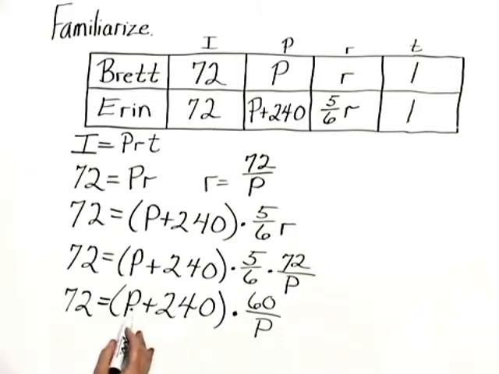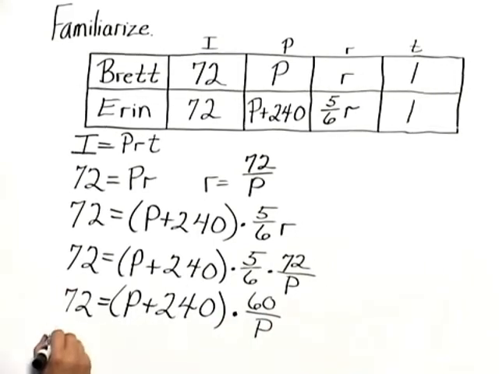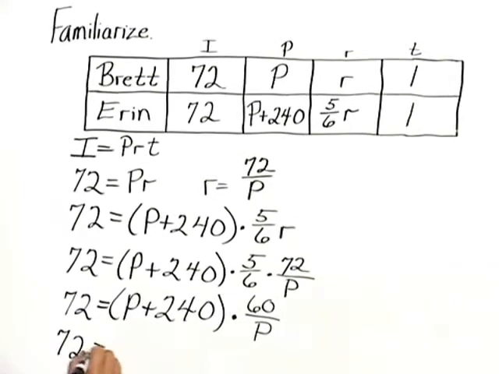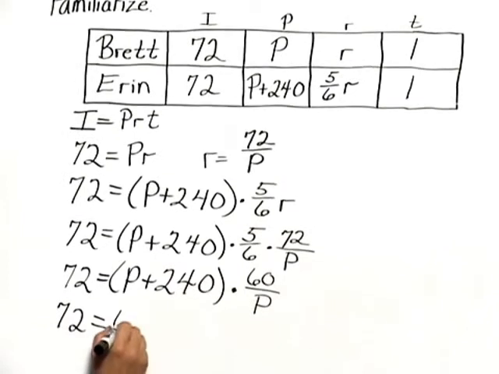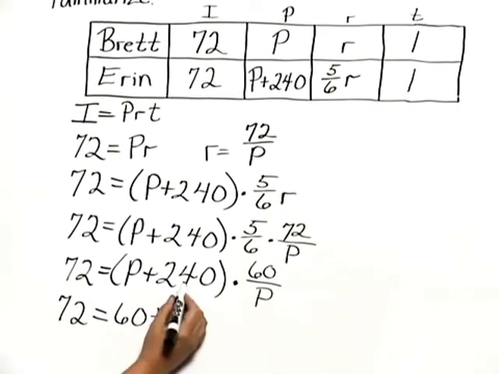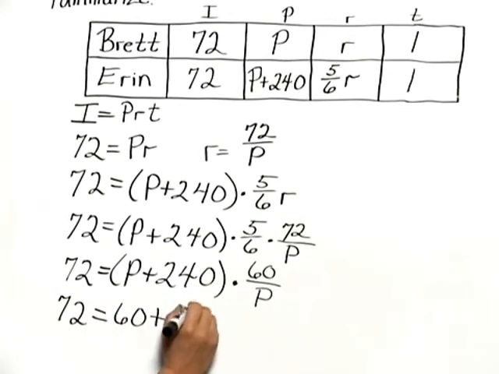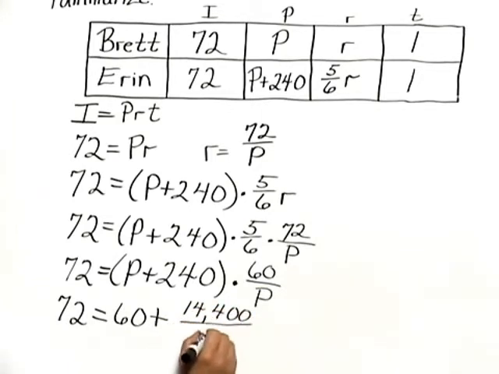Well, let's multiply P plus 240 times 60 over P. That gives us 72 equals P times 60 divided by P is 60. 240 times 60 is 14,400, and that's divided by P.